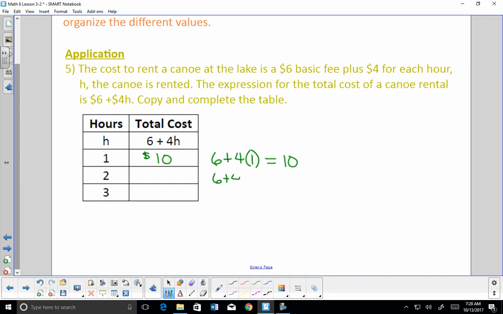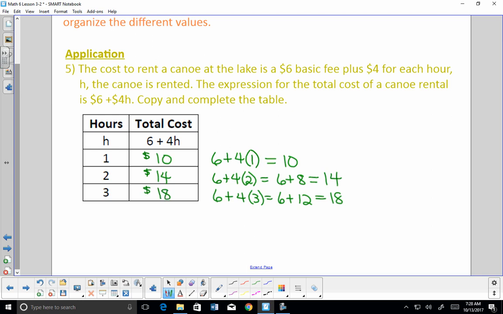That would be 6 plus 8. And 6 plus 8 is 14. So it would cost them $14 to rent a canoe for 2 hours. For 3 hours, it would be 6 plus 4 times 3, which is 6 plus 12, which is 18. So for 3 hours, it would cost them $18.